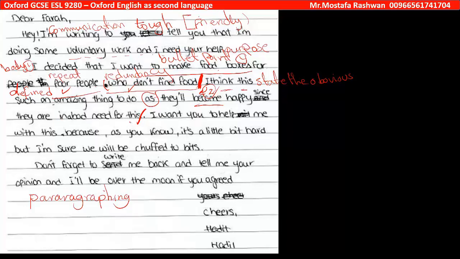By the way, the idea is somehow developed by saying this is an amazing thing to do, and he used a complex sentence here by saying they'll become happy since they are in bad need for this. Let's again comment on the vocabulary.